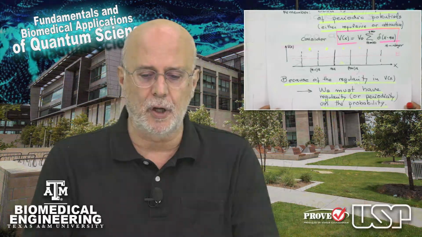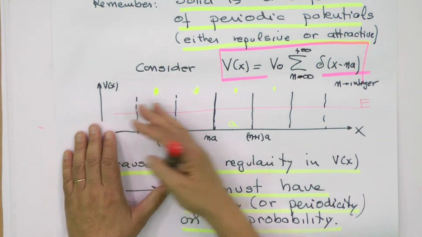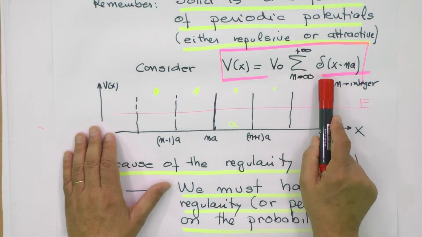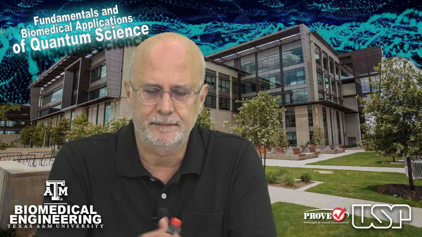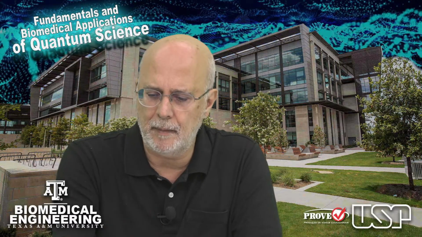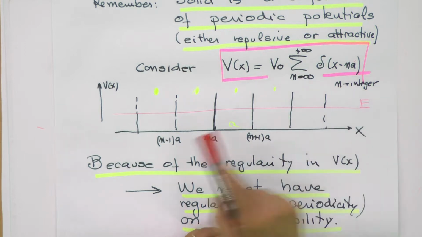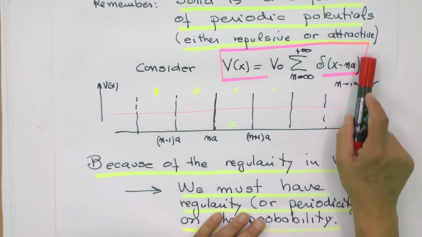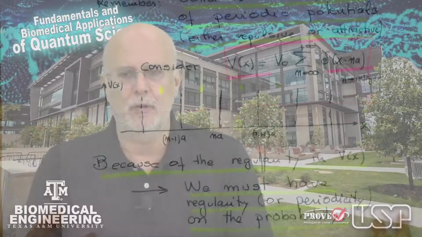Very well. So that's the potential we have. It's an infinite collection of delta potentials with amplitude V0, the way I wrote here. And n is an integer, so you go from minus infinity to plus infinity in steps of A. A is the regularity of the potential.